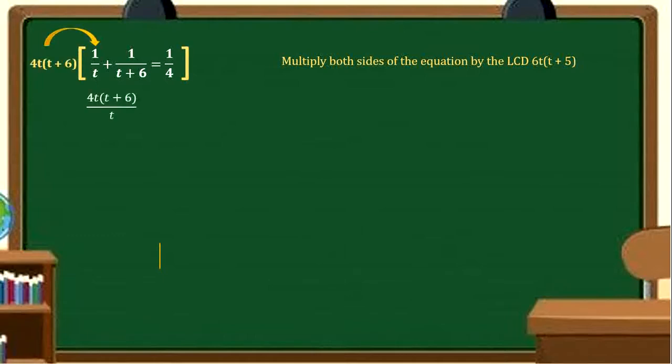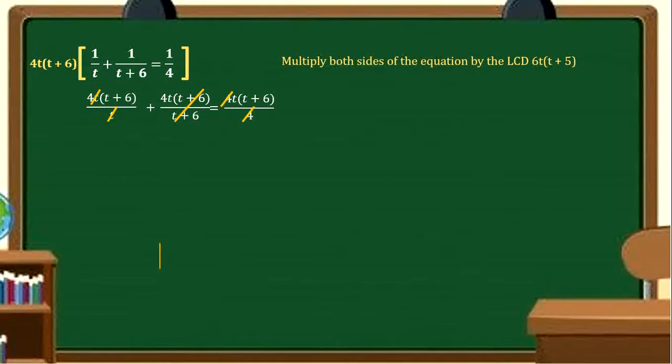So, magiging 4T times T plus 6 over T plus 4T times T plus 6 over T plus 6 equals 4T times T plus 6 over 4. So, makakancel sila.